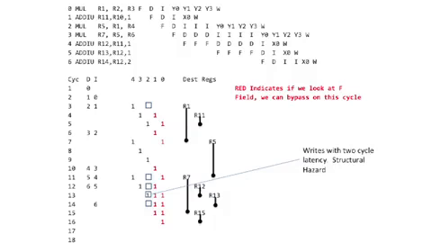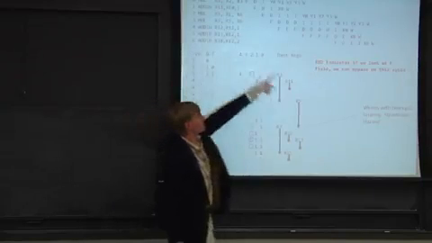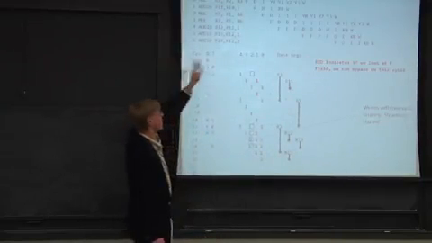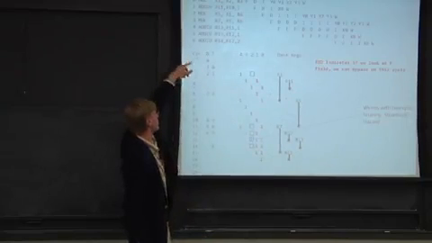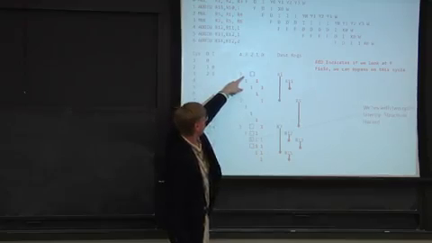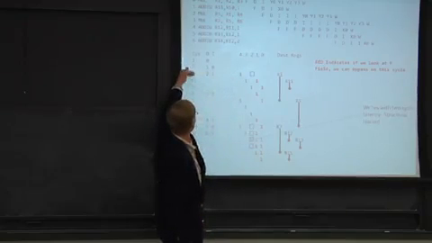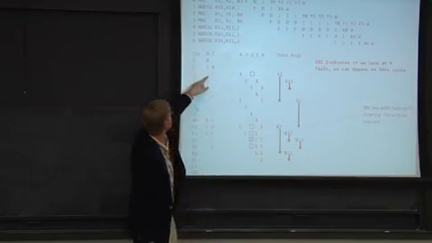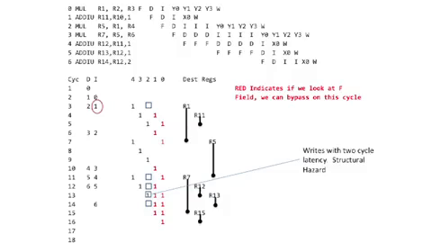So when we go to look at this, what we have here is cycles. There's 18 cycles across the top. Or actually, there's 19 cycles across the top. The first one's 0, but I don't draw that. If we look at, let's say, this cycle here, instruction 1, which is this add, is in the I stage.